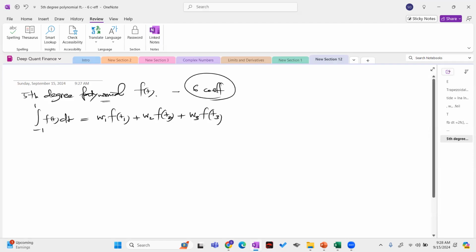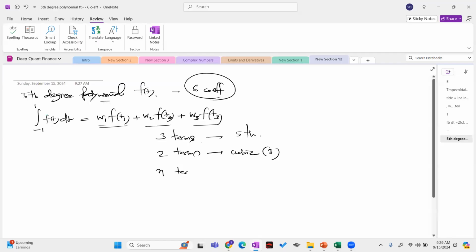So whatever that integration is, I can match it with my own 6 parameters, w1 t1, w2 t2, w3 t3. Okay, I can keep going. So you can see that with 3 terms, I can approximate a fifth degree polynomial. With 2 terms, we could approximate a cubic polynomial. Not approximate, actually, it's exact, again, cubic polynomial. So degree 3.